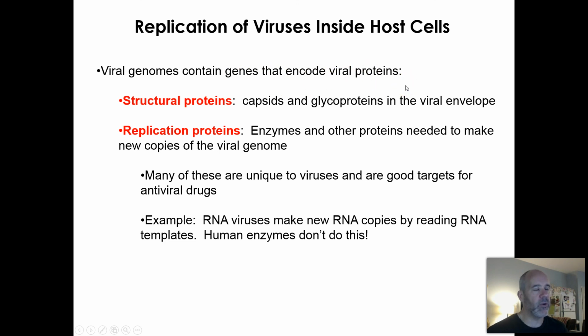Those proteins in general can be divided up into two categories. Structural, that means they're part of the virus particle itself, and those proteins will make up the capsids, the protein shells that protect the genome. If you have an enveloped virus, those glycoprotein spikes in the viral envelope. Some viruses have a layer in between.